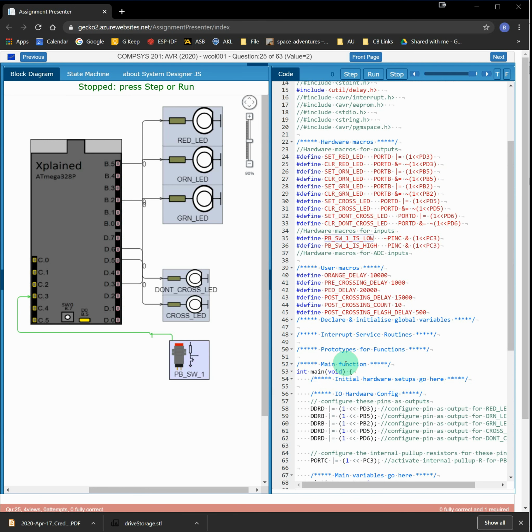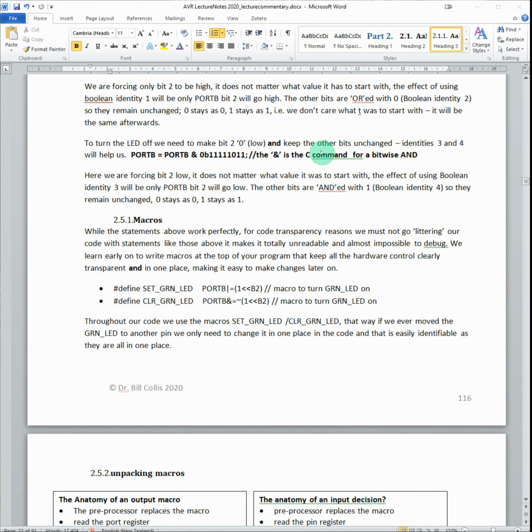You don't have to look through the code to see where you've used port B.4 and change it everywhere in your code. You only have to change it once, and this makes your code transparent, readable, maintainable. So that's what you're looking for, and that's why we use macros.